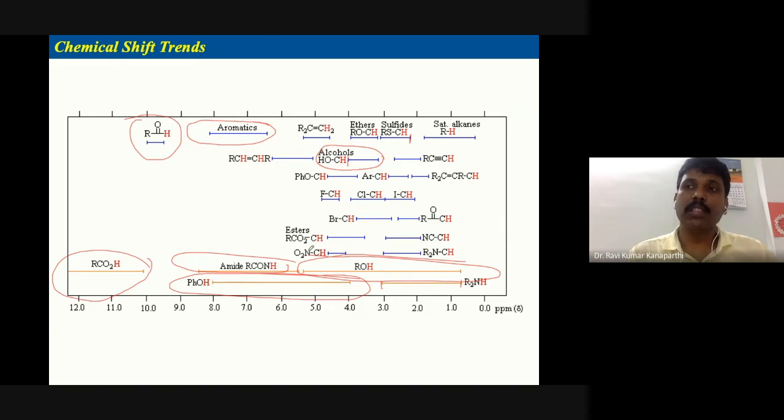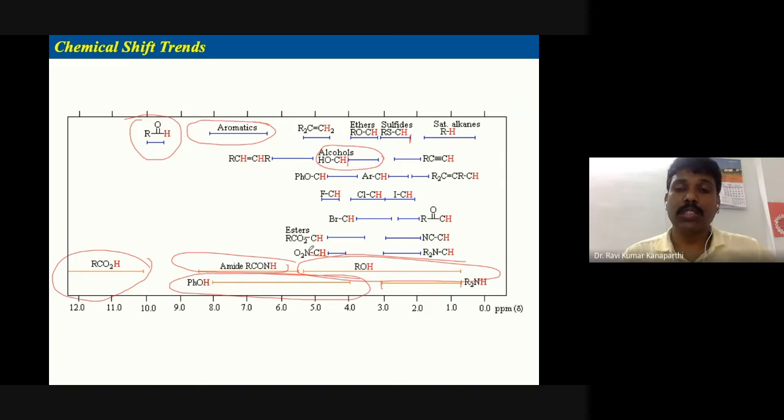So based on the chemical environment of the magnetically active nuclei, whether a proton, a carbon, or in general any magnetic nucleus, the chemical shift values will change. Where the proton is located is important.